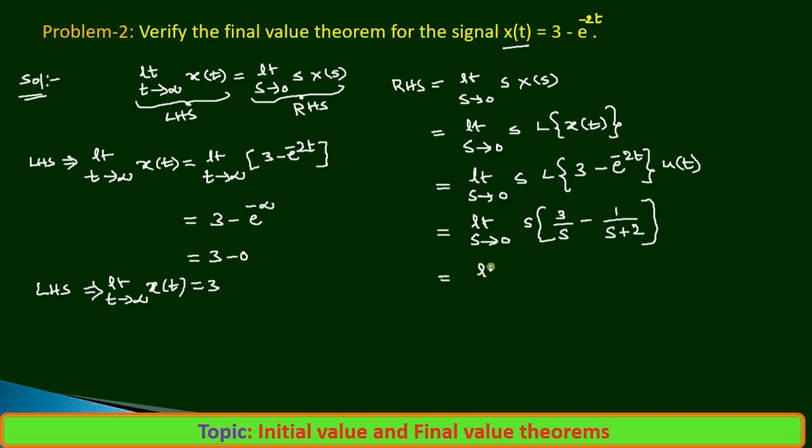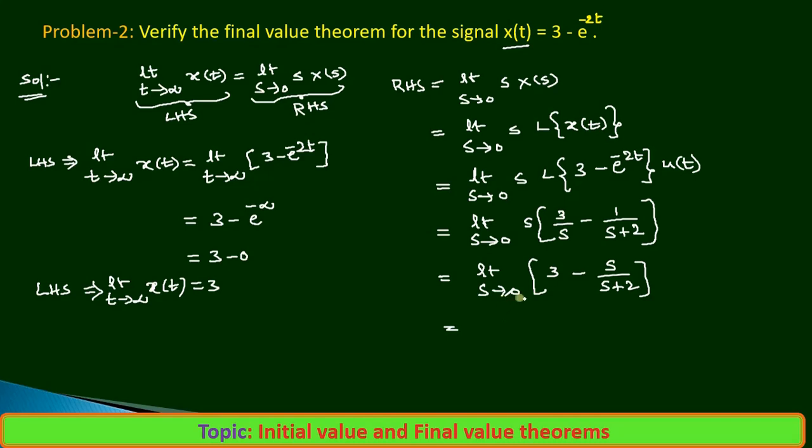So limit s tends to 0. We multiply s inside this, so we get 3 here minus s by s plus 2.